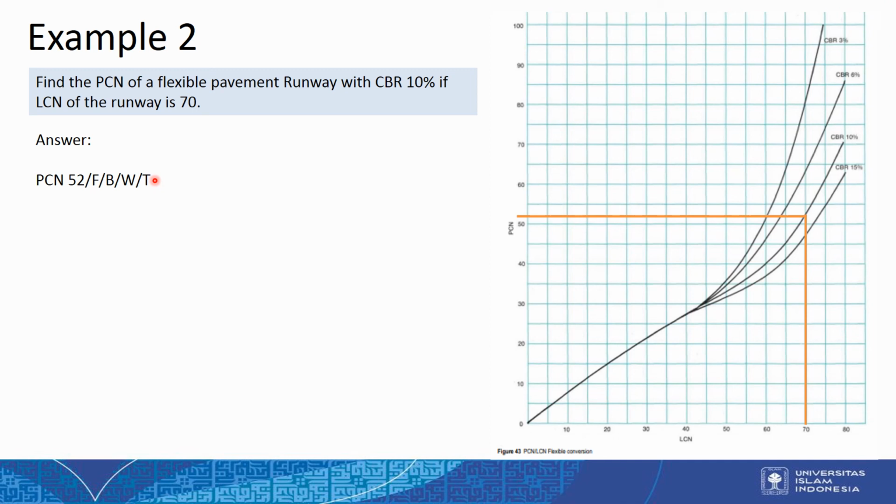So the answer is PCN 52 slash F slash B slash W slash T here.